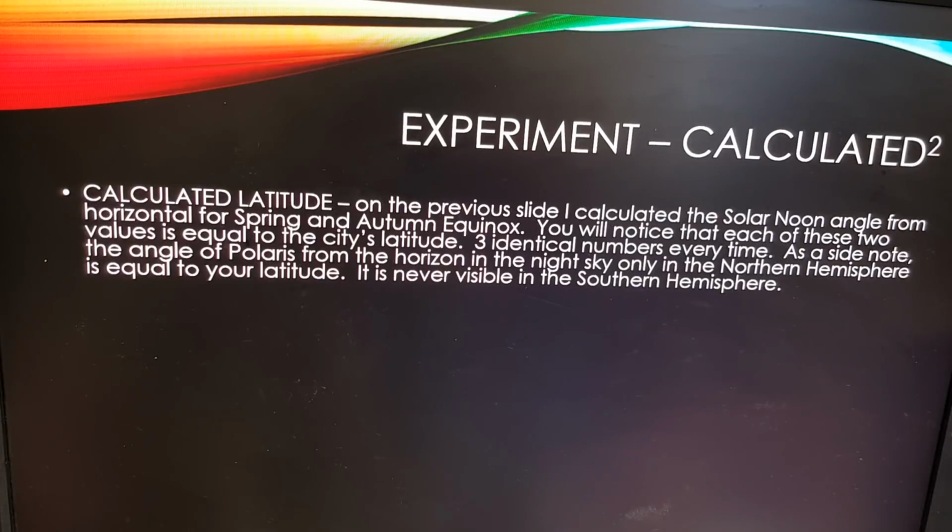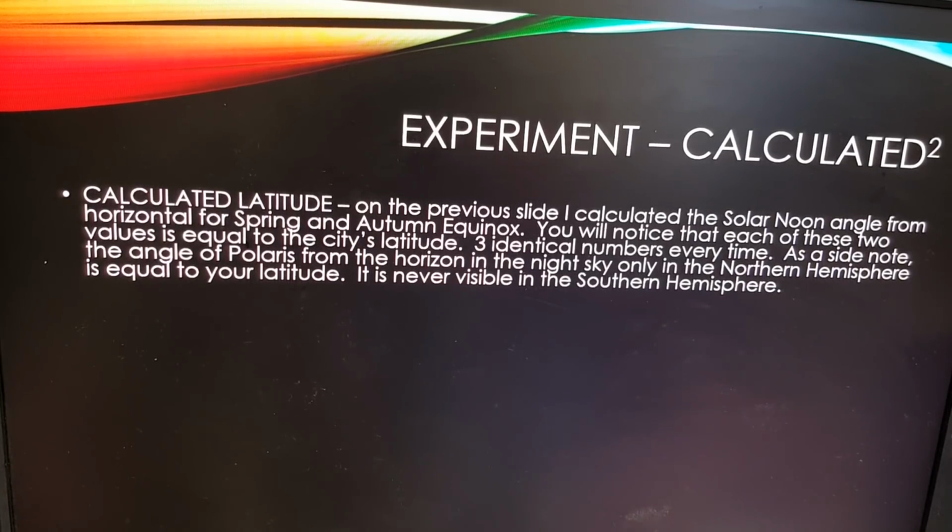That's always the case every night, and Polaris is never visible in the southern hemisphere. You should make note of that because, again, if the Earth were flat, we should be able to see it from at least cities that are close to the equator, but you can't.